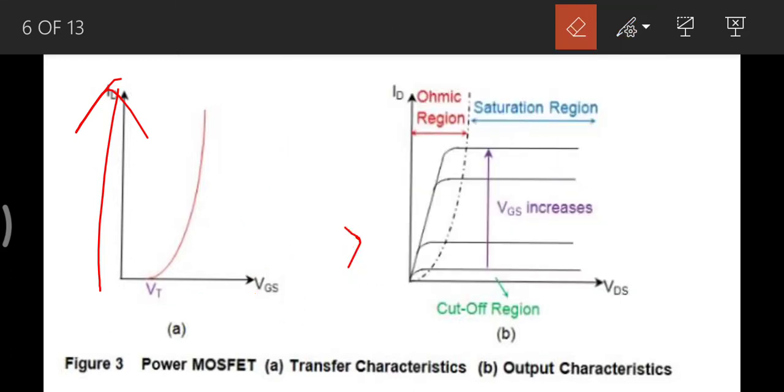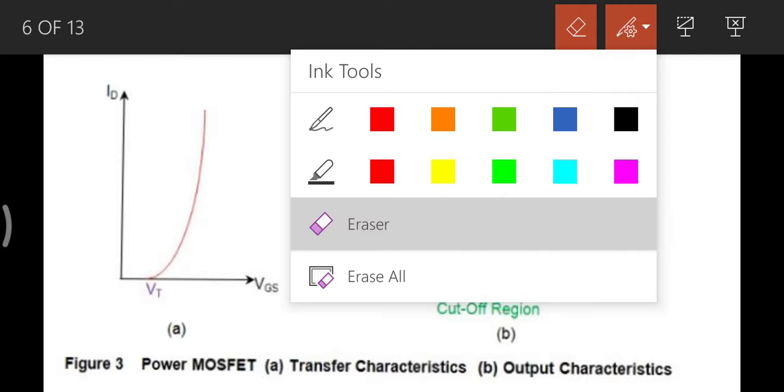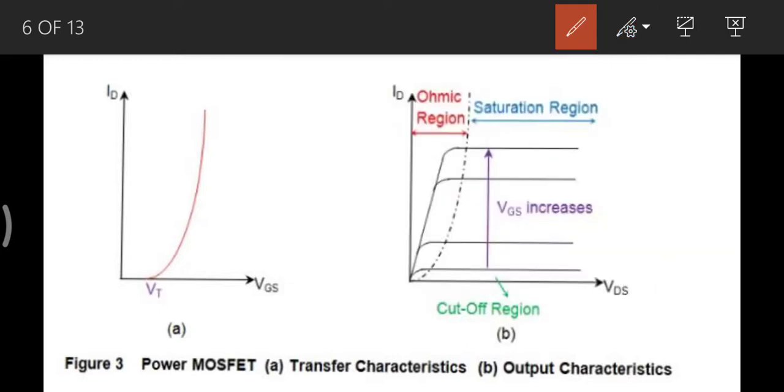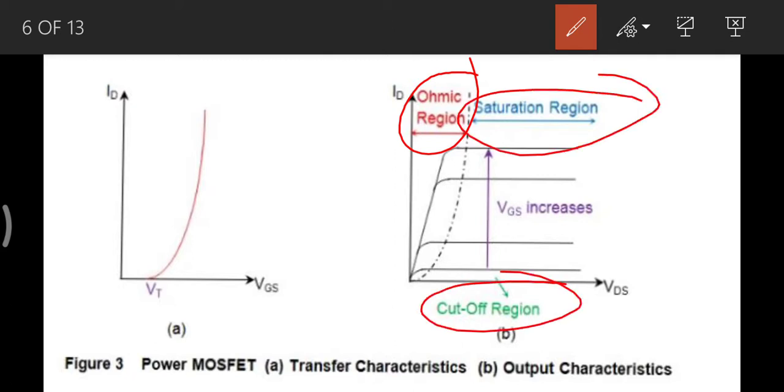Next, see the VI characteristics, or output characteristics. Here we have to discuss three regions. The first one is the ohmic region, the second one is the cutoff region, and the third one is the saturation region. What is the ohmic region?